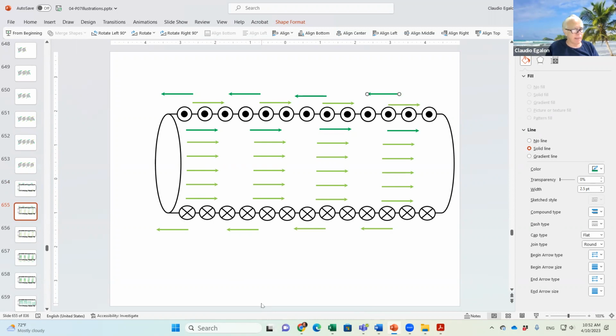And that's where an approximation comes about. Strictly speaking, this field here should have an intensity smaller than this field here, in principle. But because of the approximation that the length is much larger than the radius, it's very reasonable to assume that this field here has an intensity approximately equal to this one.